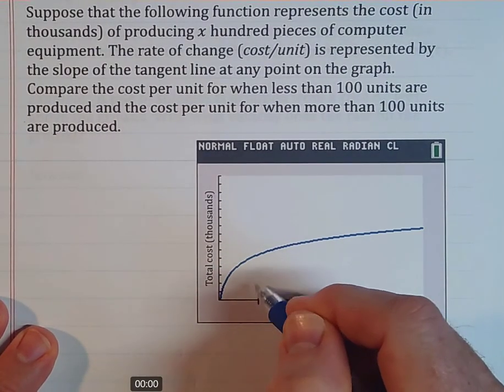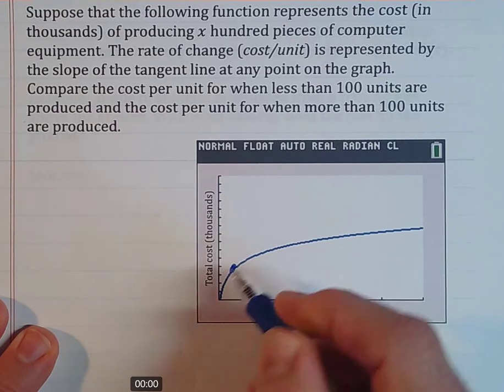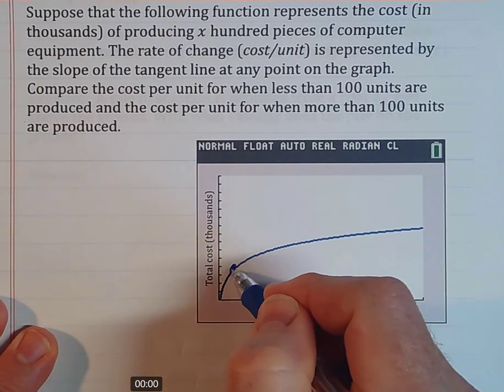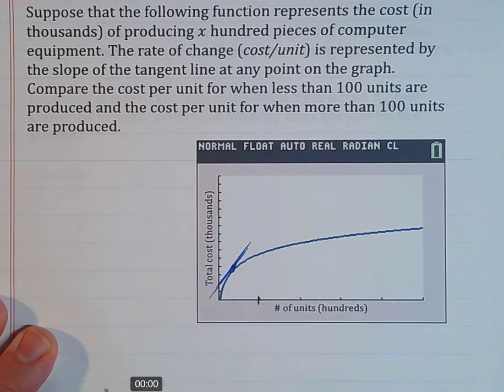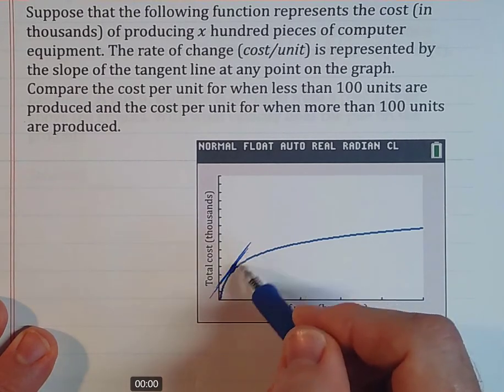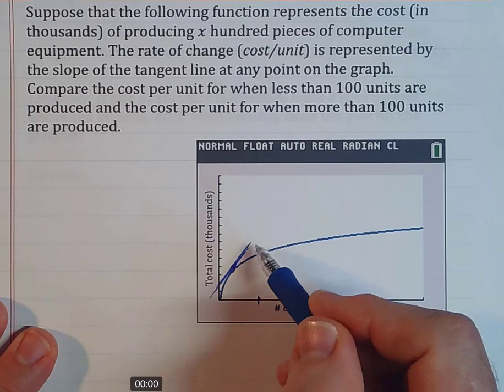So if I'm less than 100, then I'm talking about what's going on over here. Let's just pick a point over here, like maybe right about here. And I look at the tangent line there, and I don't know what the slope of that is, but I can see that that's a fairly steep line right there. That's got a pretty good incline to it.